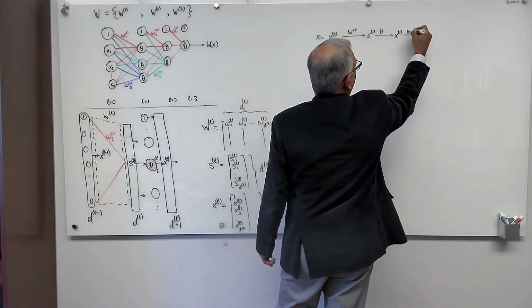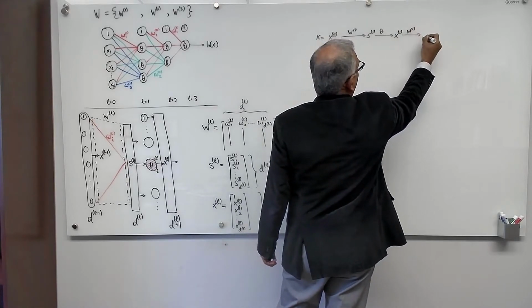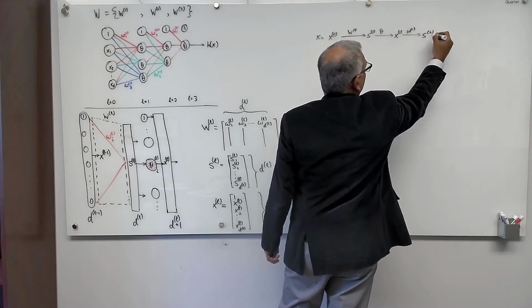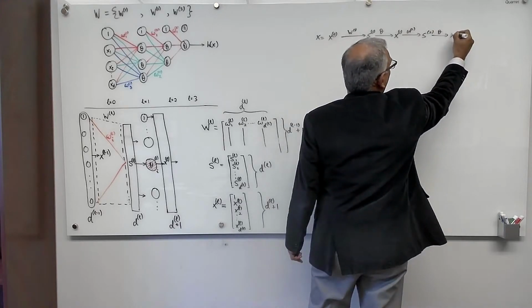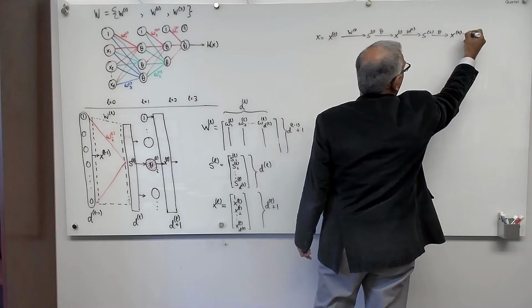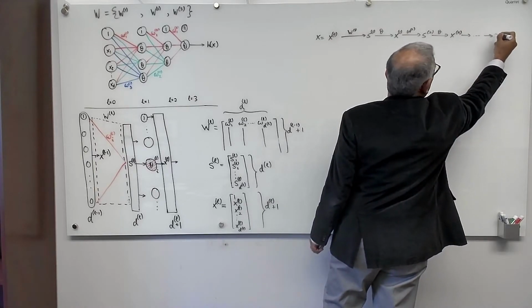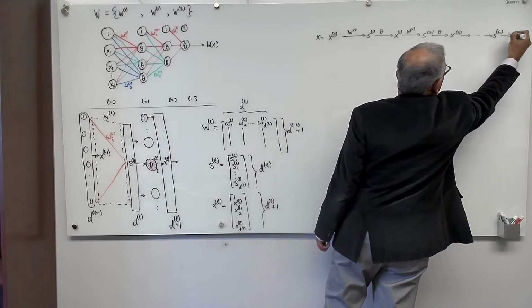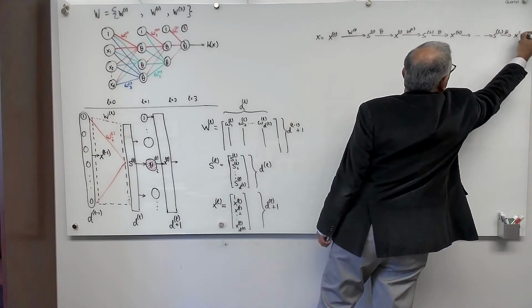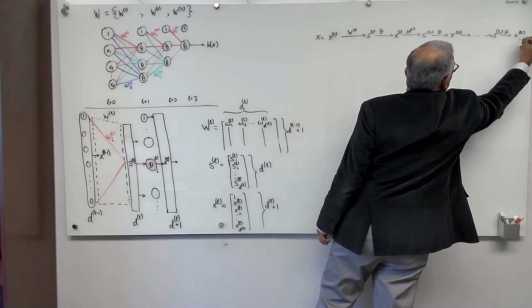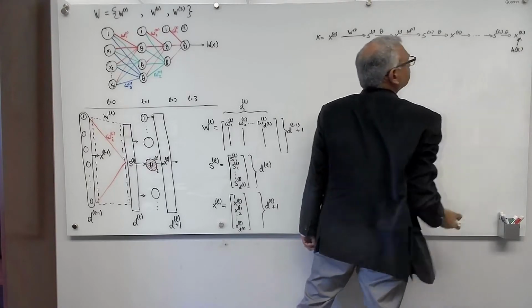Then you apply the weights in the second layer, and you get the signal into the second layer, and then you transform and you get the output of the second layer, and so on. Eventually you get the input to the Lth layer, you transform and you get the output of the Lth layer, and that is h of x.